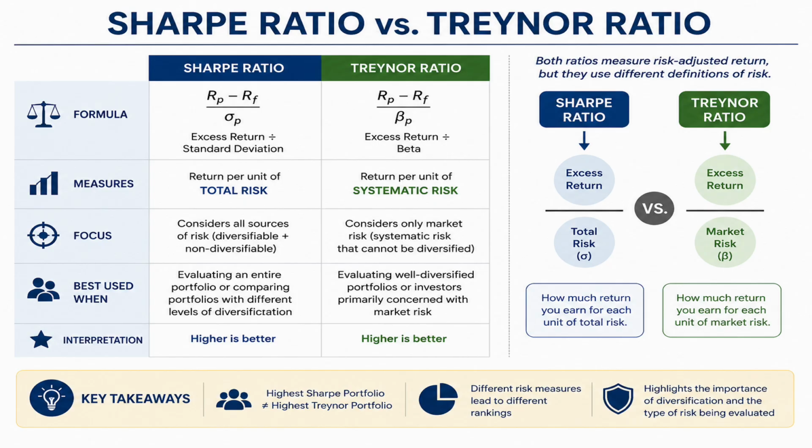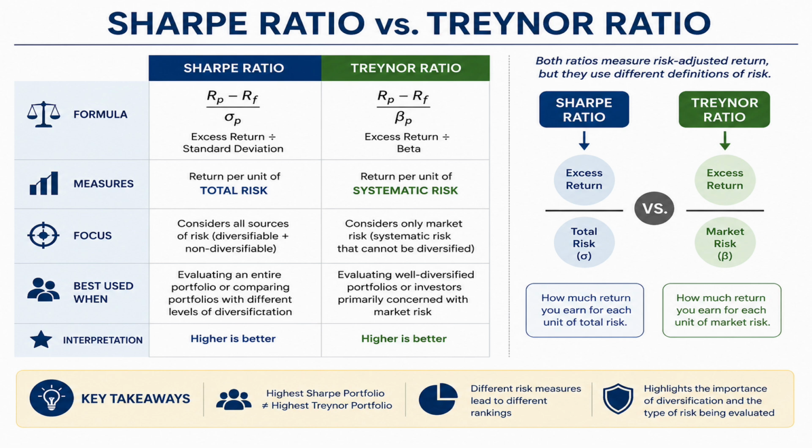After calculating the expected excess return, standard deviation, and beta for each portfolio, we evaluated performance using the Sharpe ratio and Treynor ratio. The Sharpe ratio measures a portfolio's excess return relative to its total risk, which is represented by standard deviation. It tells us how much additional return an investor receives for each unit of overall risk taken.